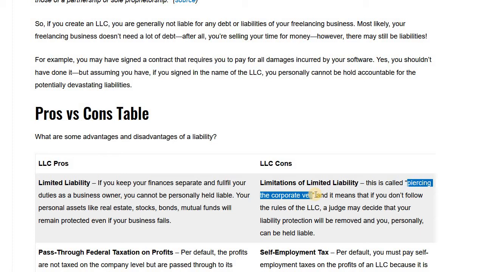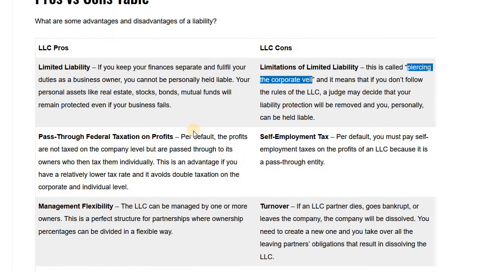For example, if you don't pay taxes, or you do some really bad things, like illegal things under your corporate veil, then a judge may decide that your limited liability protection will be removed, and as a consequence, you as a person will be held liable. So you always need to still be a good citizen and create value and not do anything illegal, even if you own an LLC. Okay, but maybe let's go into the pros and cons of an LLC directly.